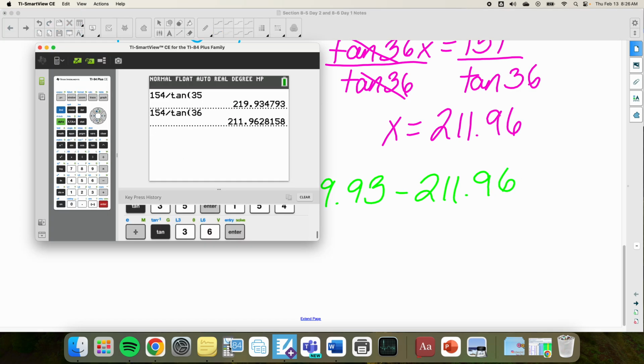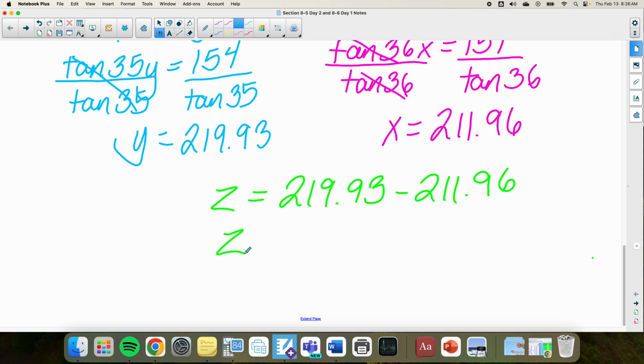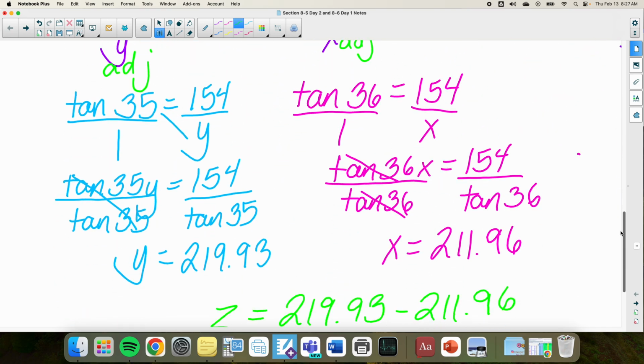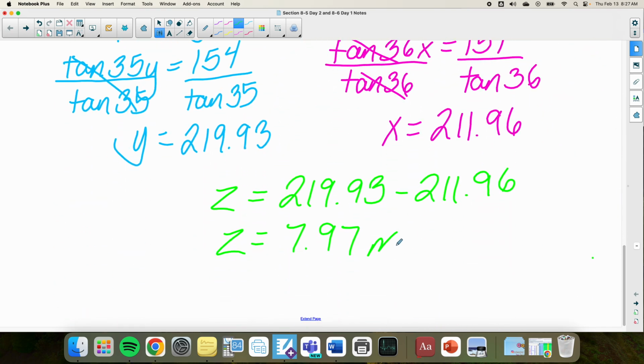And if I type that in, I got 7.97. Is that what you guys got? Okay. So 7.97, and that is in meters. That would be our answer.